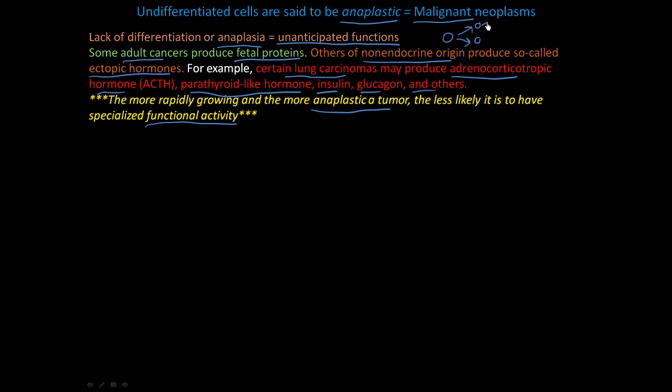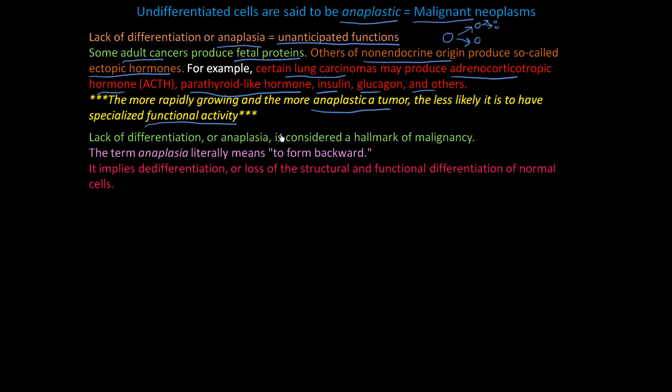They are just then, right after they divide. So they lose their functionality, and so that's anaplastic or undifferentiated cells. So lack of differentiation, also known as anaplasia, is considered the hallmark of malignancy. We have to remember that. The term anaplasia literally means to form backwards. And this might be a confusing concept, but we'll talk about that in a minute.